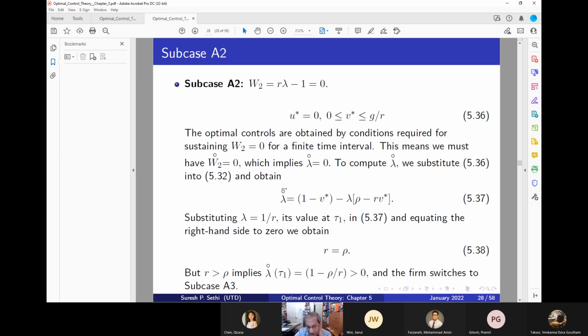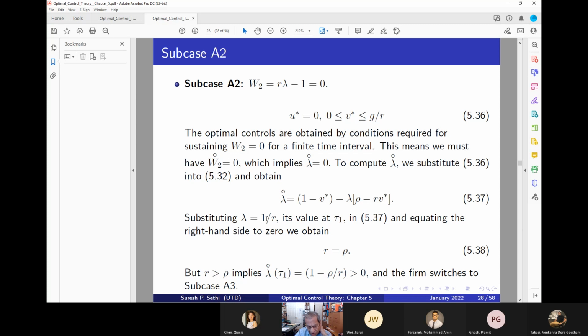So that is its initial value. And that is the value at tau 1. So we want to see what happens if you substitute that value into lambda circle.